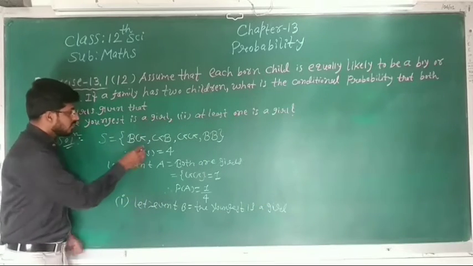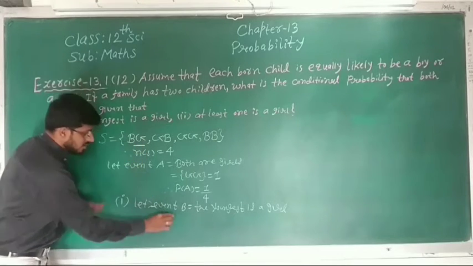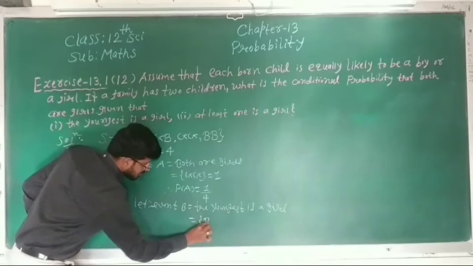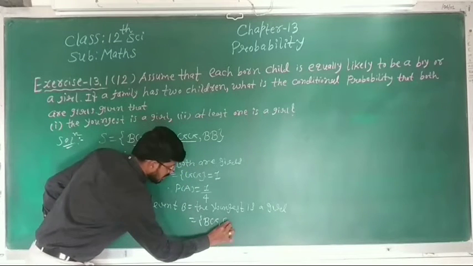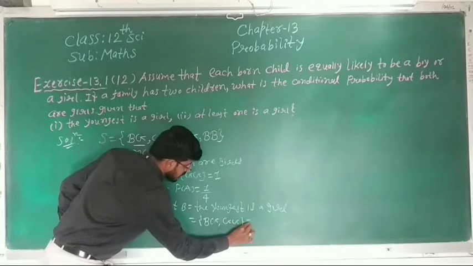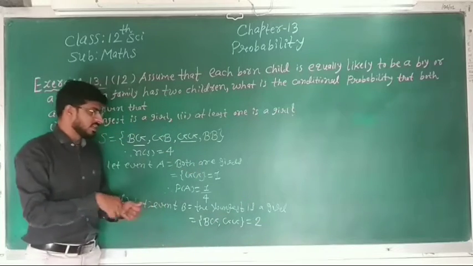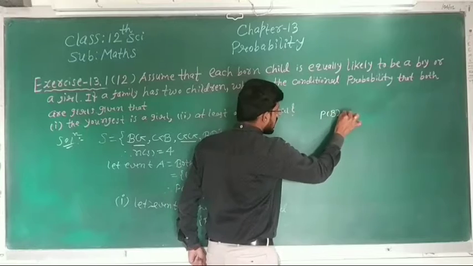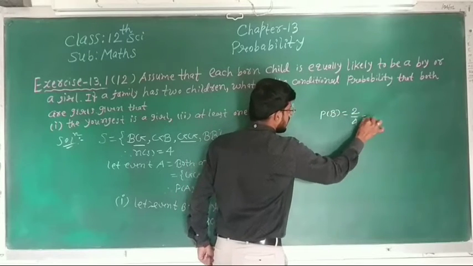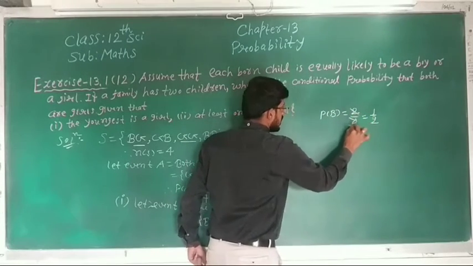So in the first case BG and in the third case GG the youngest is a girl. So we can write 2. So what is the probability of B? P of B is equal to 2 by 4, which is 1 by 2.